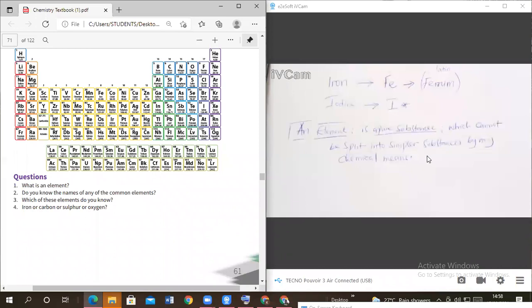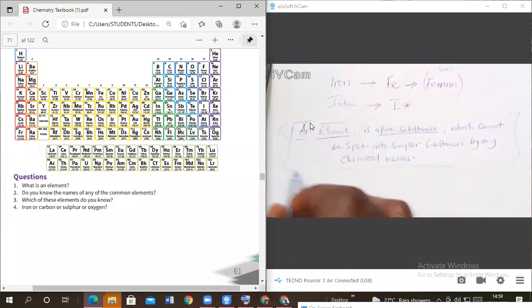We bring chemicals to distinguish between the elements present. Is it clear? Yes. So if you cannot split it by any chemical means into simpler substances, then that is a pure state of an element. So it's called an element. Have we got the definition of the element? Yes. Good.